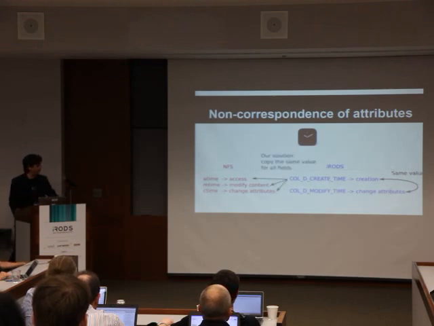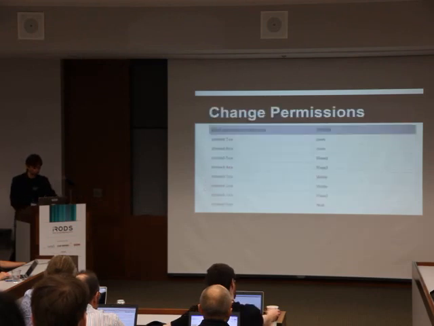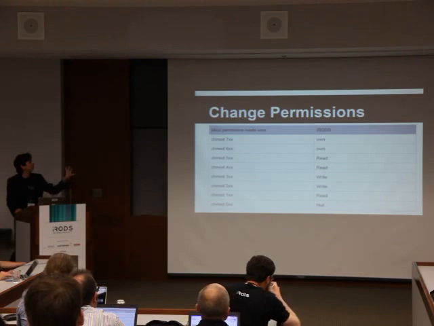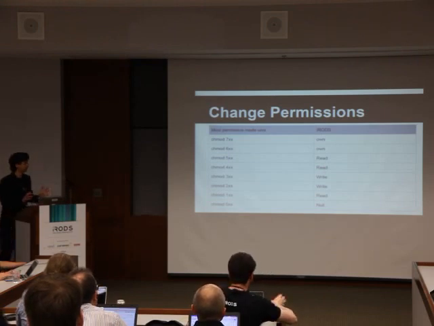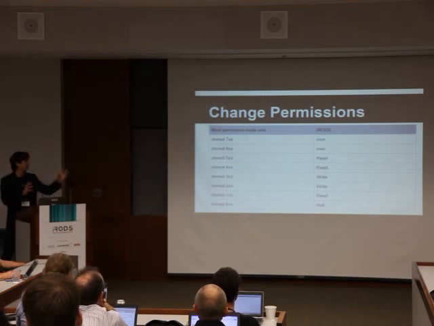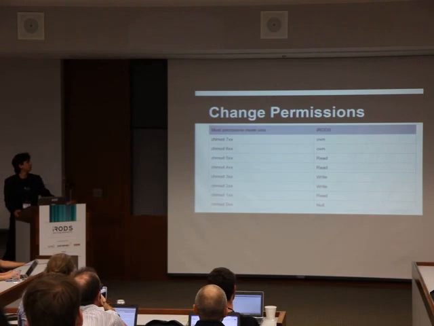Our solution was simply to replicate the create time to A time, M time, and C time in the response of NFS. And likewise, the file permissions were different, and we adopt this table to perform translation between Unix permissions and iRODS permissions.